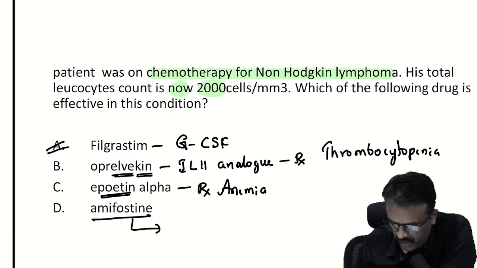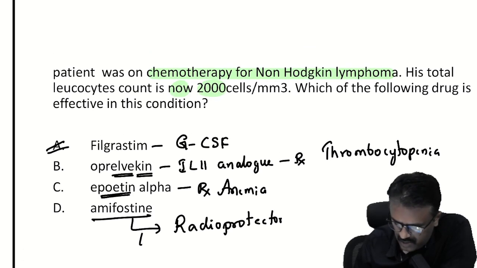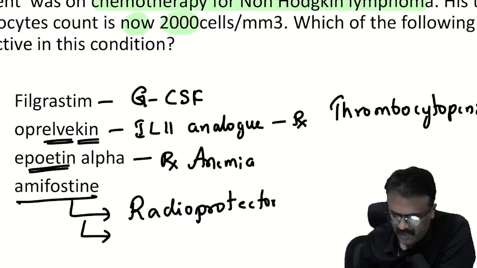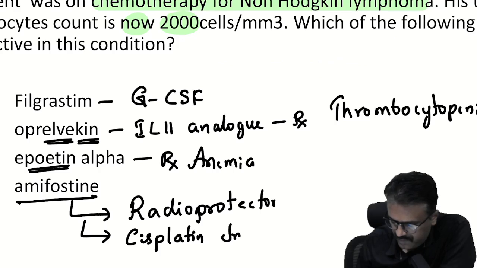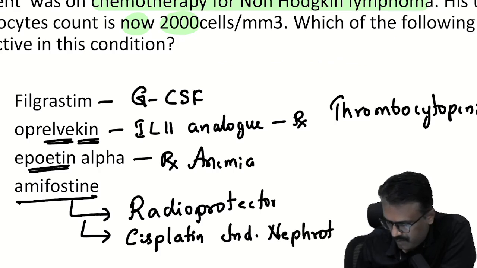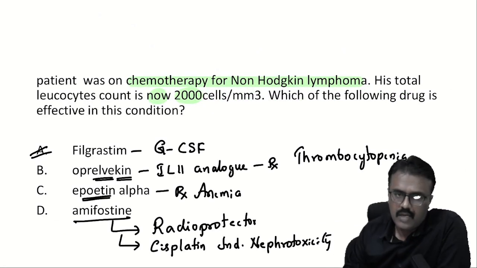Amifostine is a radioprotector. And also this drug, amifostine, is also used to prevent cisplatin-induced nephrotoxicity. So these are the commonly asked drugs.